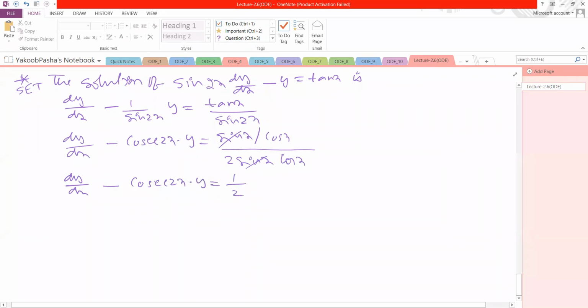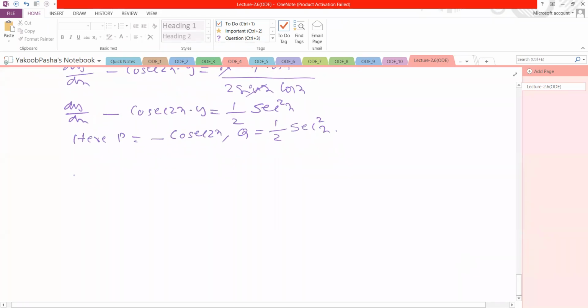This cos comes to the denominator, 1 by 2 cos square x, and goes to the numerator and becomes secant square x. So here p is equal to minus cosec 2x and q is equal to 1 by 2 of secant square x.